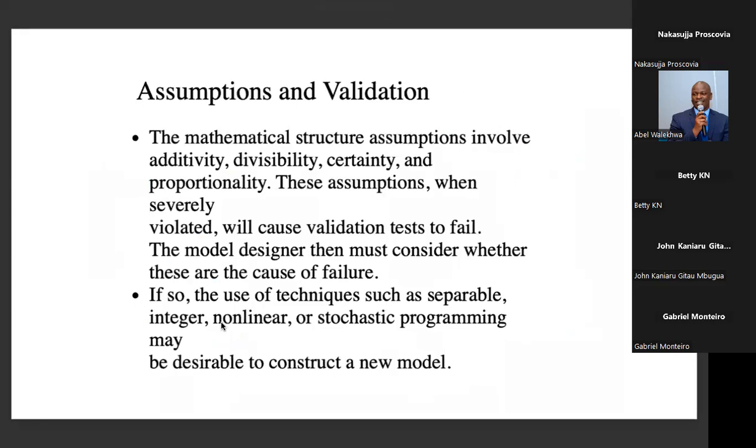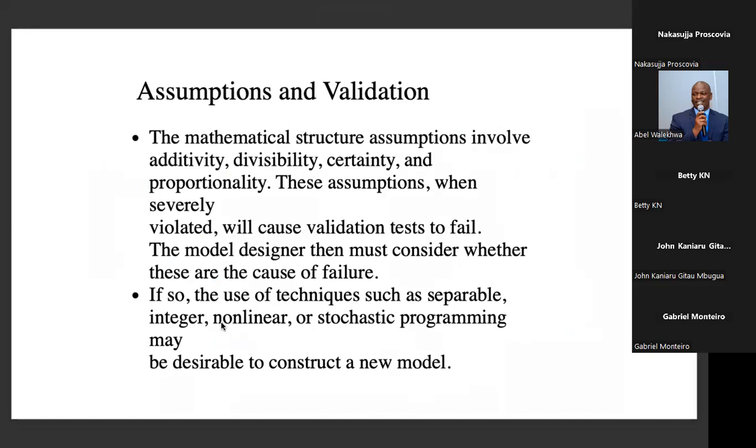So, assumptions and validation. The mathematical structure assumptions involve additivity, divisibility, certainty, and proportionality. Certainty is probability. These assumptions, when severely violated, will cause validation tests to fail, and you must then consider whether they are the cause of failure.